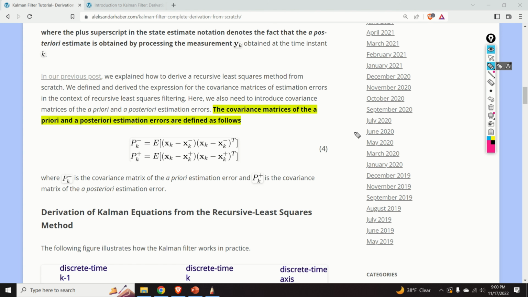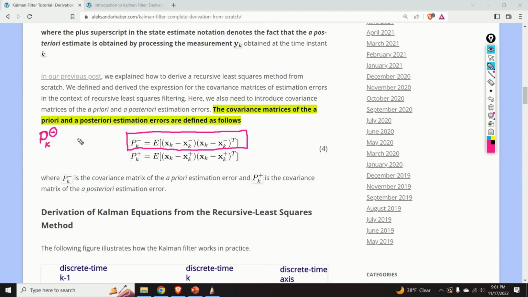The first covariance matrix, the covariance matrix of the estimation error, is defined by this equation. Here, the letter P denotes the covariance, k denotes the discrete time instant, and minus denotes that this covariance matrix is the a priori one.